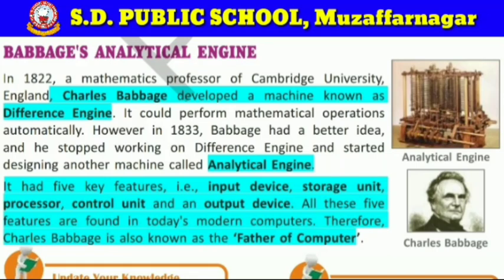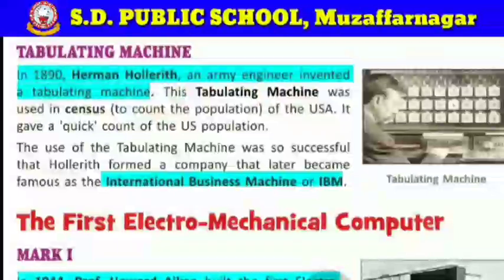Now see the next point. It is the tabulating machine. In 1890, Herman Hollerith, an army engineer, invented a tabulating machine. This tabulating machine was used in census, which means to count the population of the USA.